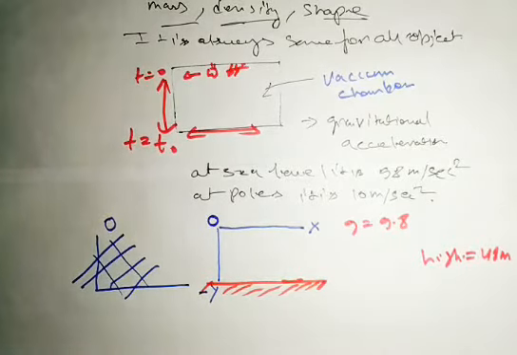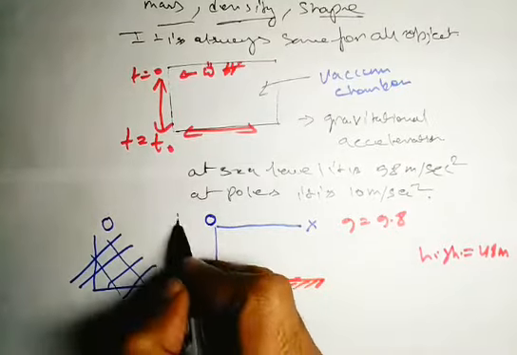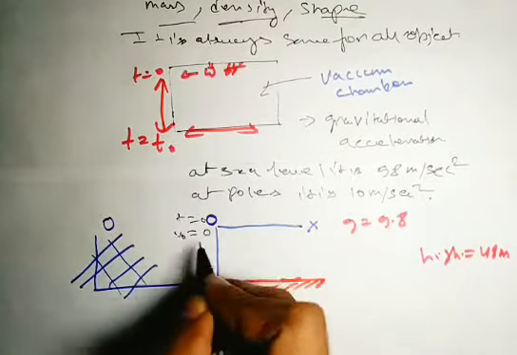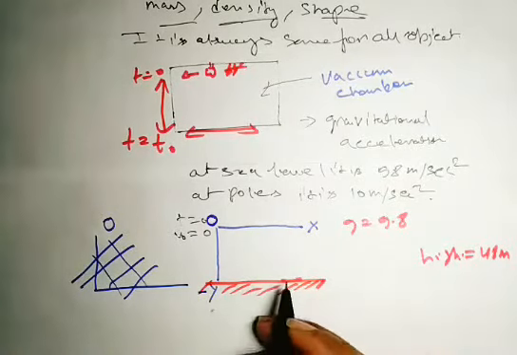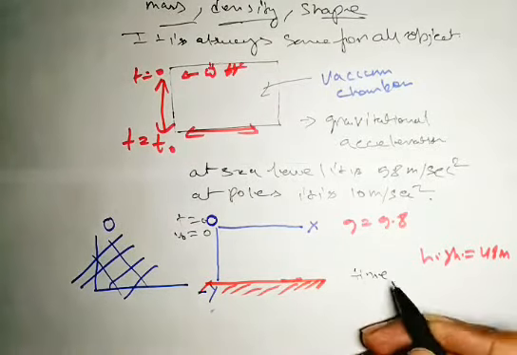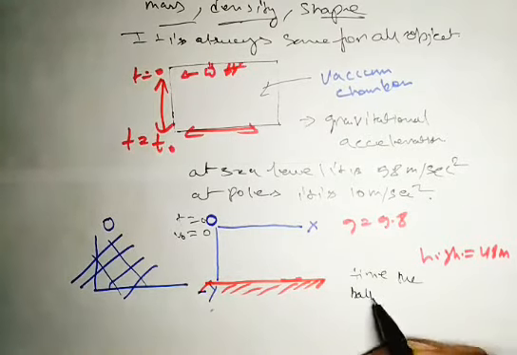Let the fall begin at t equal to 0 with initial velocity v0 equal to 0, and we are going to use an equation to solve it. The question is what is the time at which the ball touches the ground.